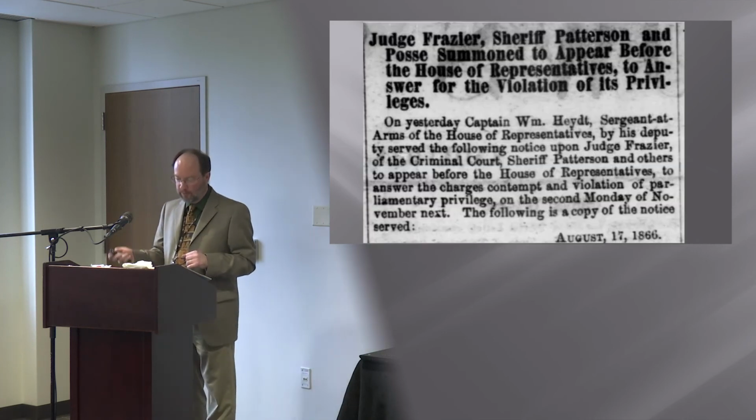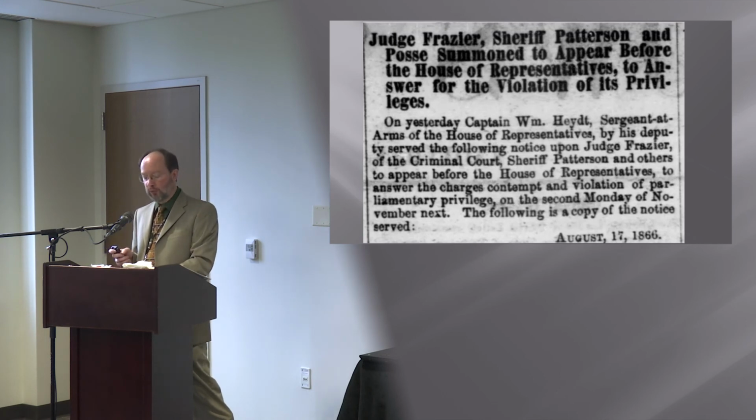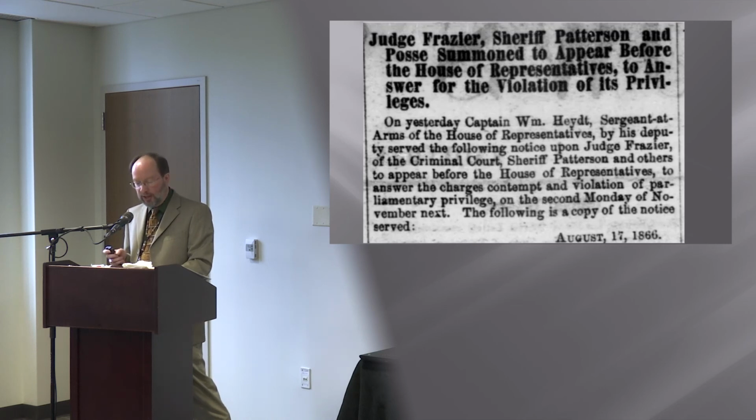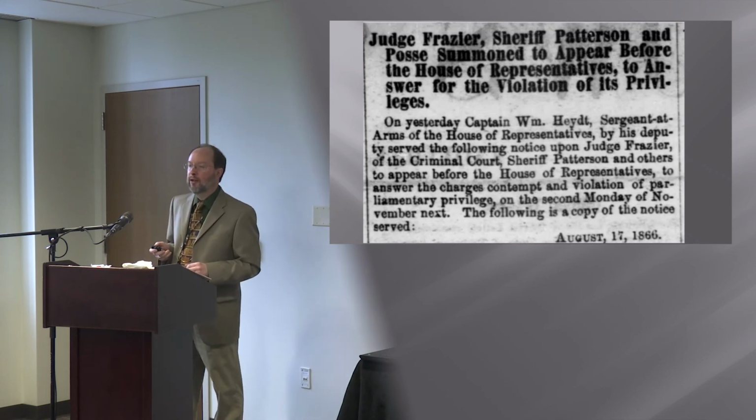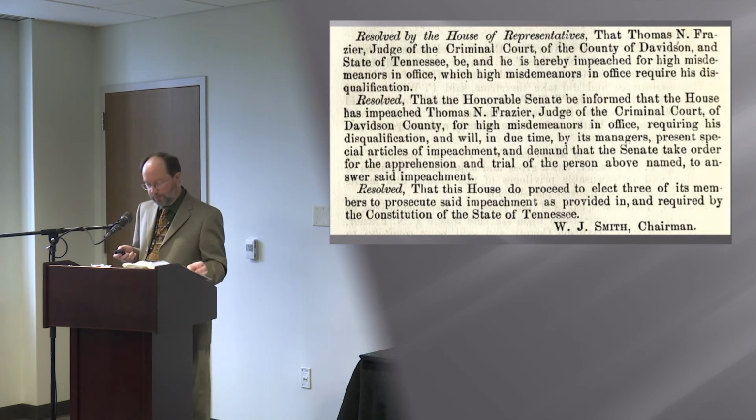Meanwhile, the House took action against Judge Thomas Frazier, Sheriff Patterson, and Deputy Shaw. They were to appear before the House in November 1866 when the legislature reconvened, and the purpose of their appearance was the impeachment of Judge Thomas Frazier.